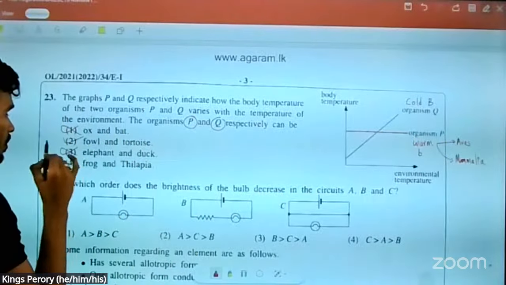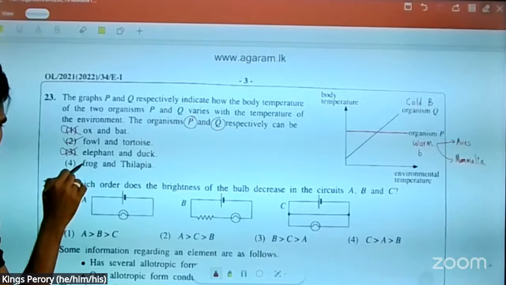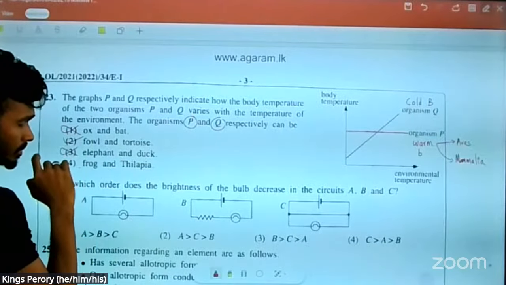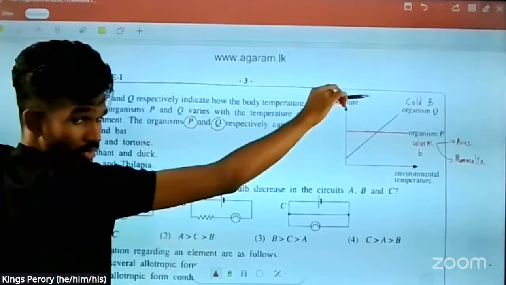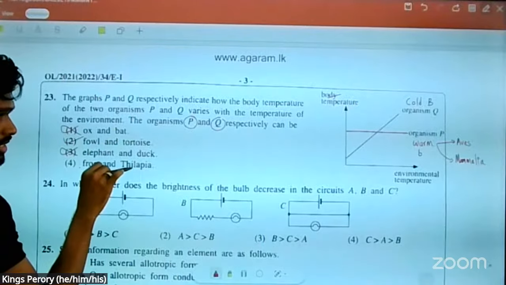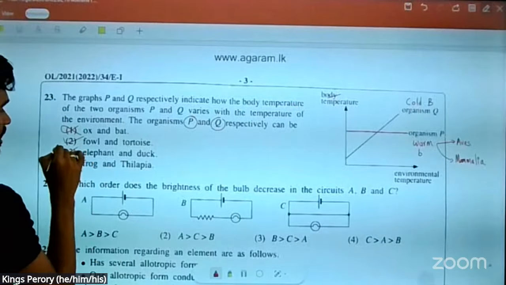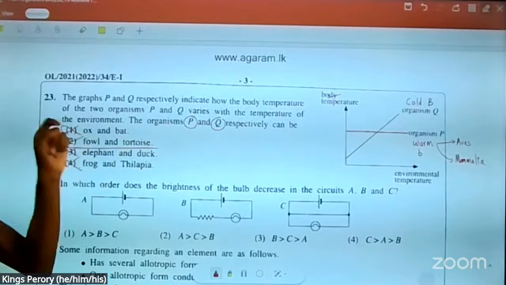That is also wrong. Fourth one, frog and tilapia. Frog is an amphibian, cold-blooded. Tilapia is a fish, again cold-blooded, wrong. So answer is option 2, fowl and tortoise. This is an ave, this is a reptile.